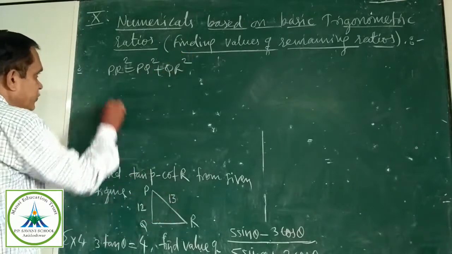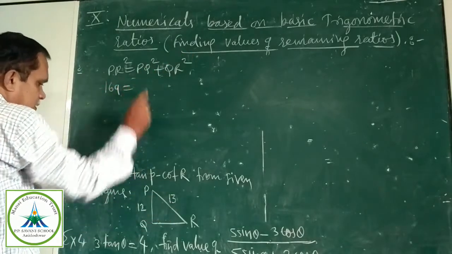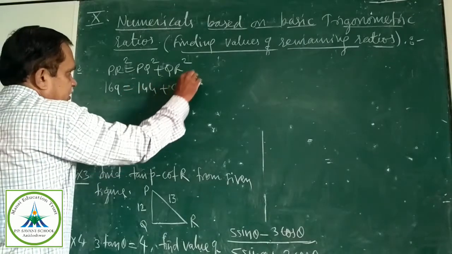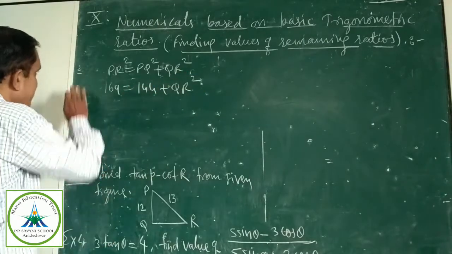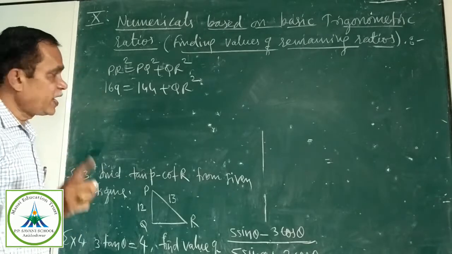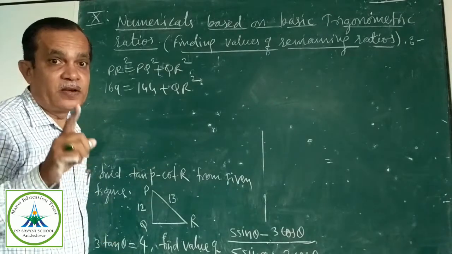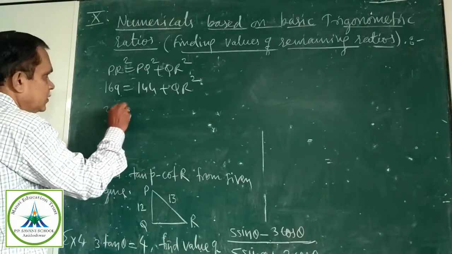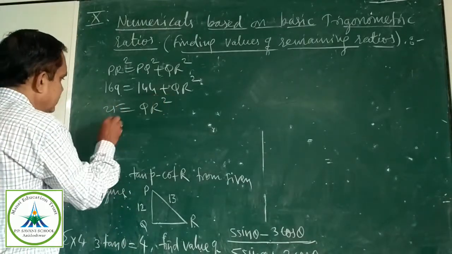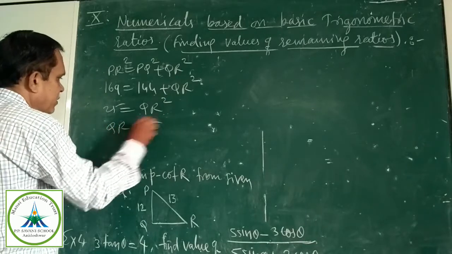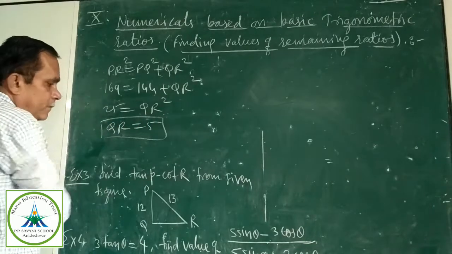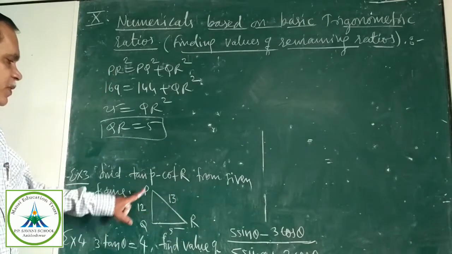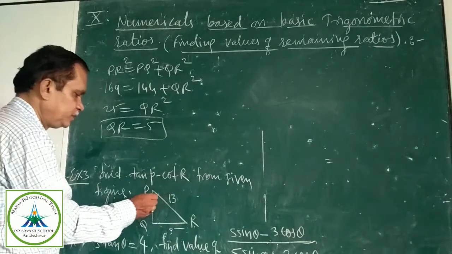So PR square, 13 square, is 169, 12 square is 144, plus QR square. These things are very basic and simple, but we must be able to write them in minimum time, very correct and in good handwriting. Students can write this in minimum time. So QR is 5. Now they are telling us to find tan P for this.